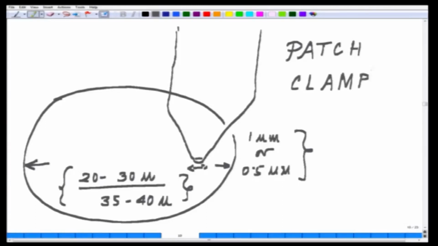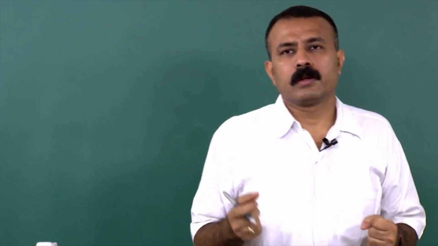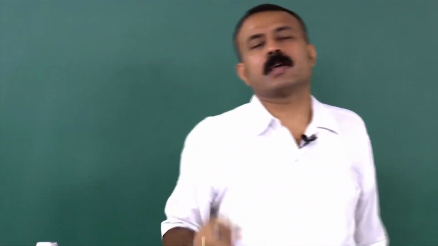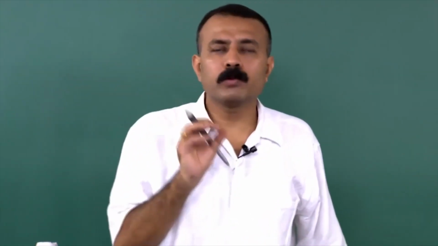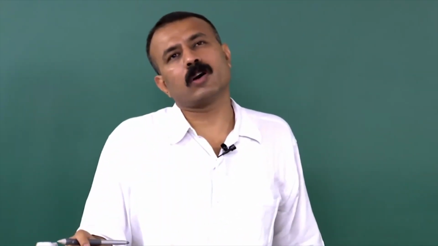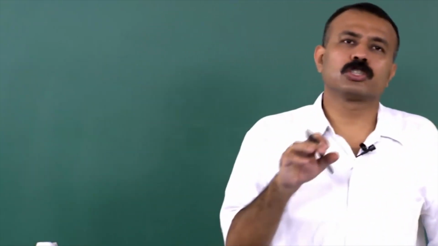In other words, what this word says is that you are taking a small patch of the cell and you are clamping it, or holding it. You are holding a small patch of a cell and manipulating the membrane properties along that small patch, and that is why it is called patch clamp.